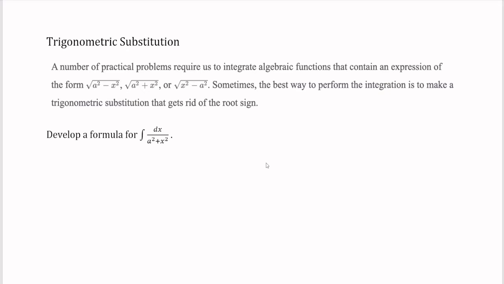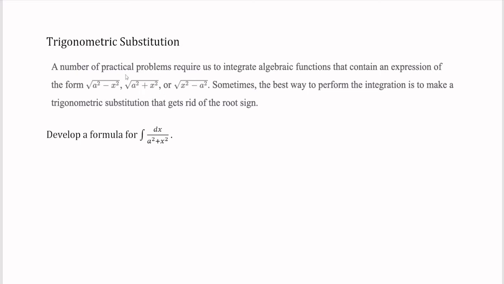All right, let's start looking at trig substitution. So we've got 3 options here. Form a squared minus x squared, a squared plus x squared, or x squared minus a squared, all under the radical. Okay? So what we're going to try to do here is use a trig substitution, and here's the whole point of these substitutions, no matter what the situation is.